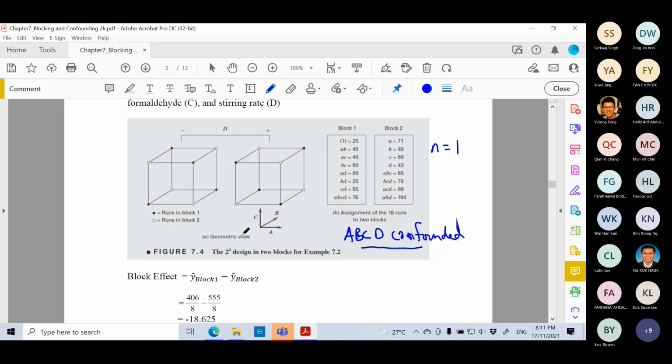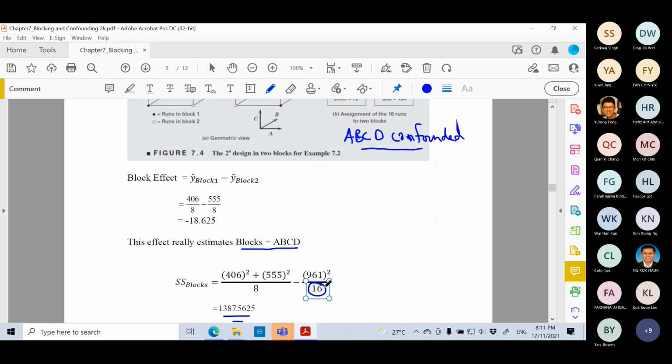But from the formula here, we notice that n is equal to 1 in this example. Okay, so here I say that this is really the effect of the block plus the ABCD. Okay, it means that for the block here, the sum of squares is also the same thing. The sum of squares of the block and the sum of squares for ABCD are the same.